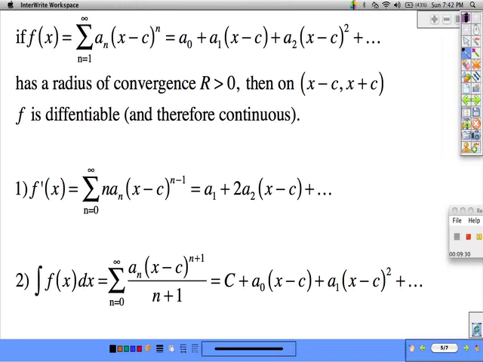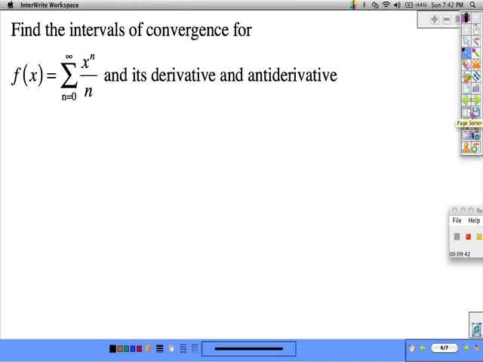These power terms are very easy to integrate and differentiate. We've used the power rule since the very beginning of calculus. So, we want to find the interval of convergence for this function, for its derivative, and for its antiderivative.